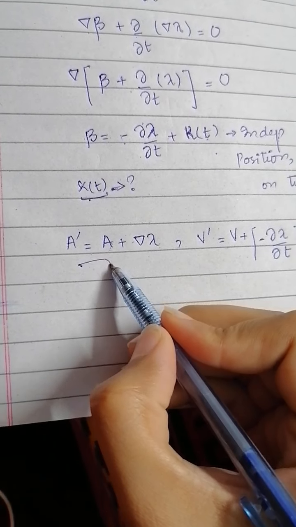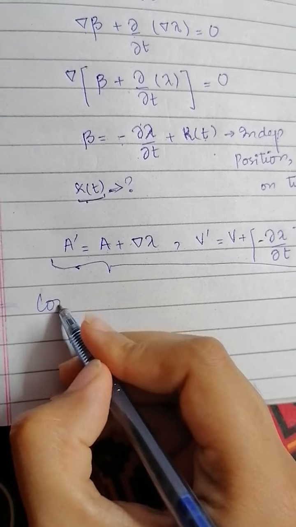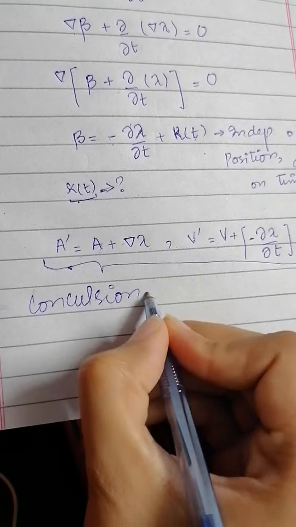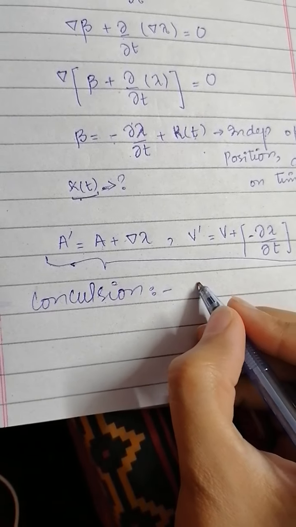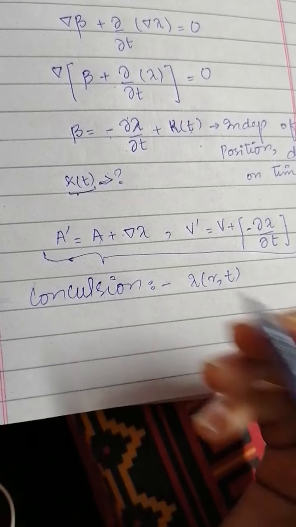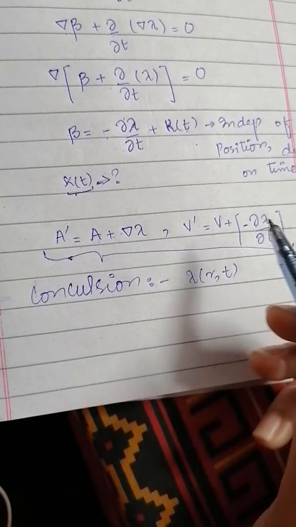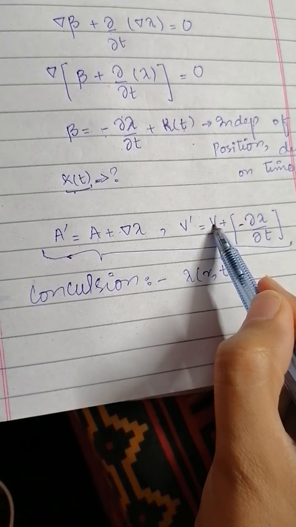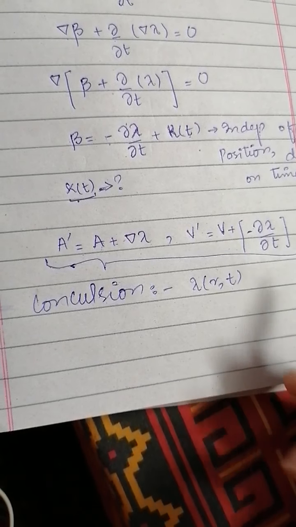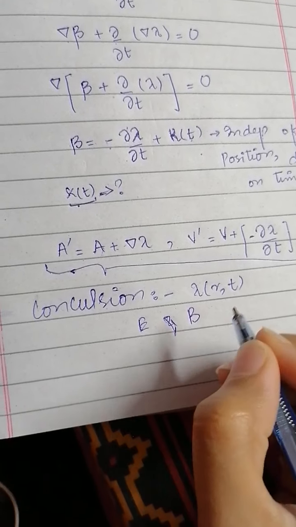From these two equations we get our conclusion that by adding lambda, which is a scalar function, a scalar quantity, in A, or by subtracting it in V, it doesn't affect our electric and magnetic fields.